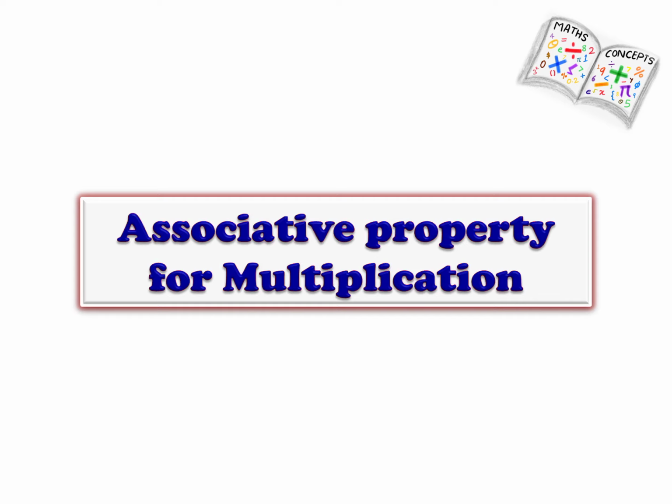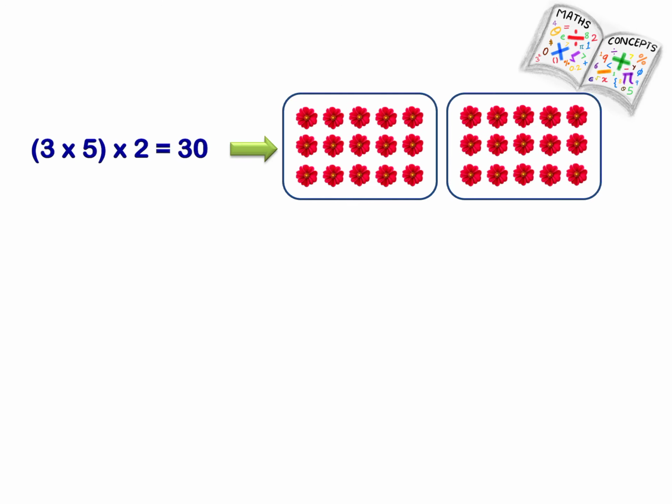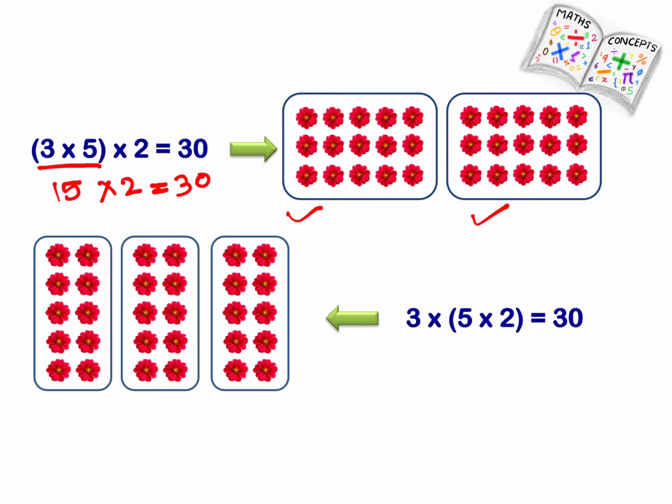Now let's see associative property for multiplication. Here I have taken an example. In bracket 3 into 5 into 2 is equal to 30. Here I have shown it using 3 rows of 5 flowers each and taken twice, which means I have done 3 into 5, which is 15, multiplied by 2 gives me 30.